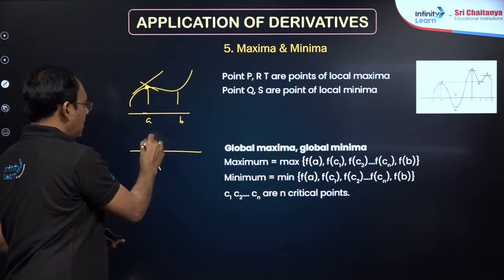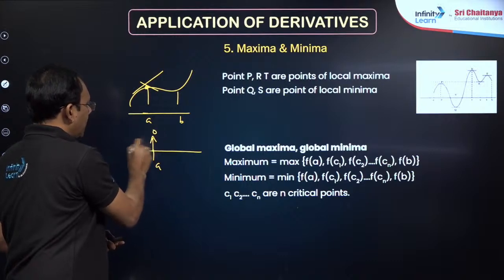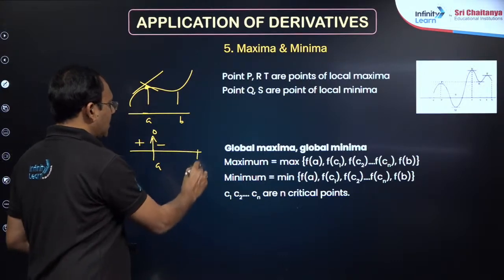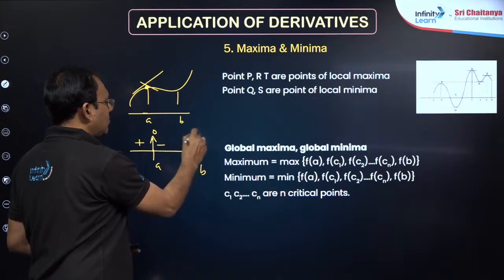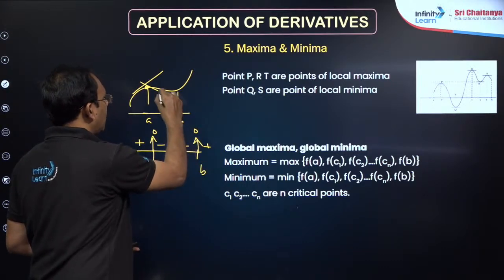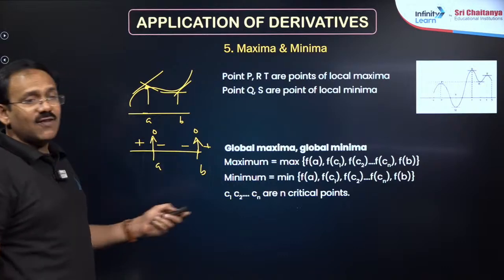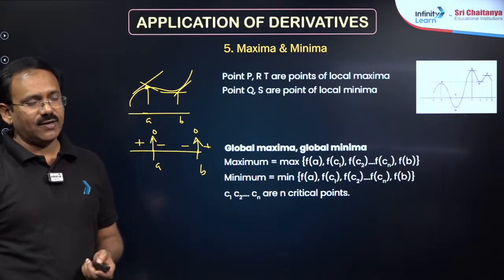So the first derivative becomes 0, and here positive, here negative, it will have a local maxima. Suppose at b the first derivative is 0, here negative, here positive, you see it is a local minima, my dear friends. So the first derivative test is easy and important even, right?